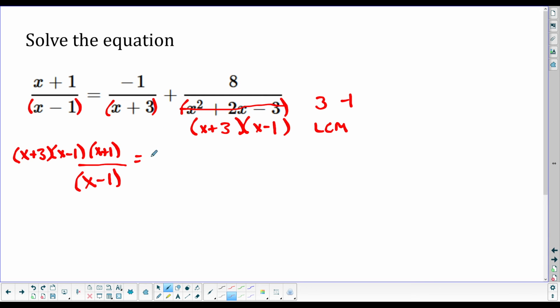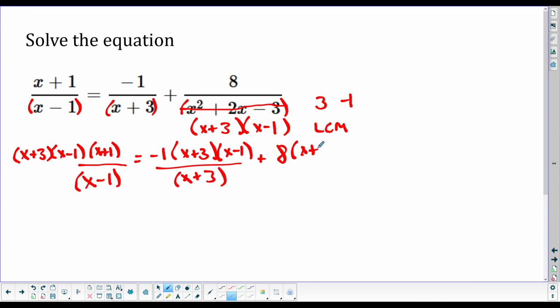Now I have negative 1 times my least common multiple, x plus 3, x minus 1, over x plus 3. And then, oops, this is going to be a plus, and then we have 8 times that least common multiple.